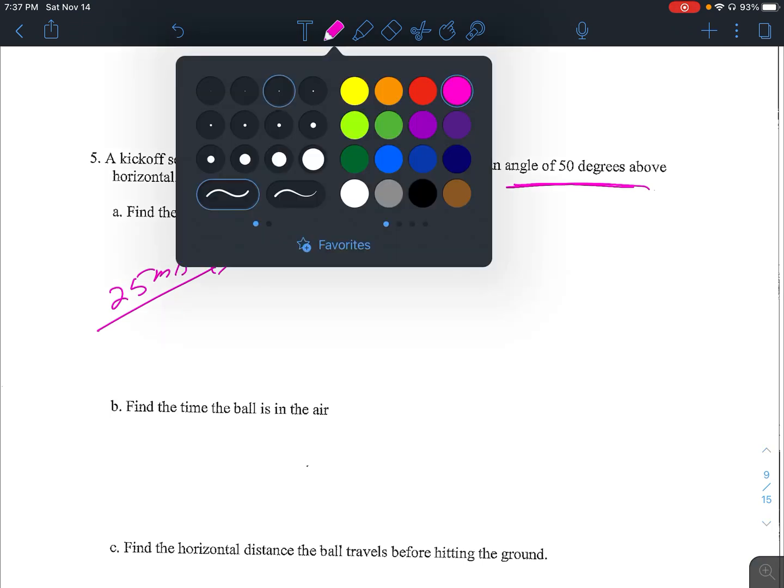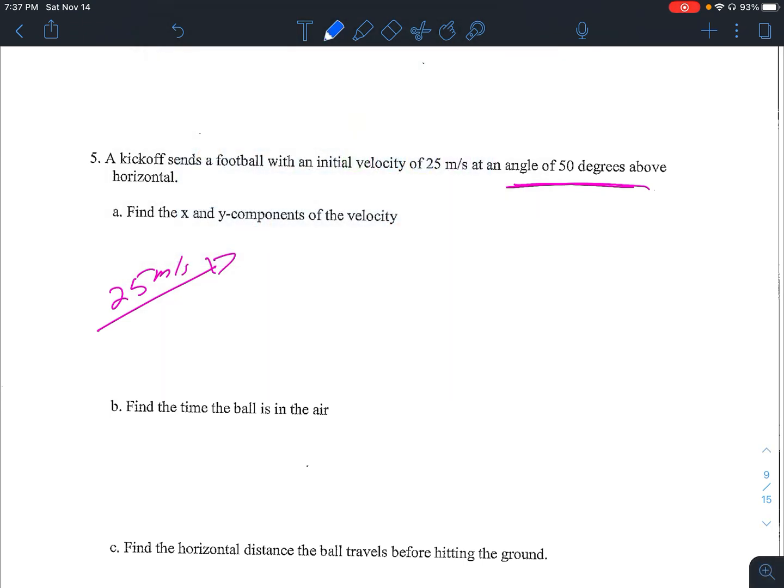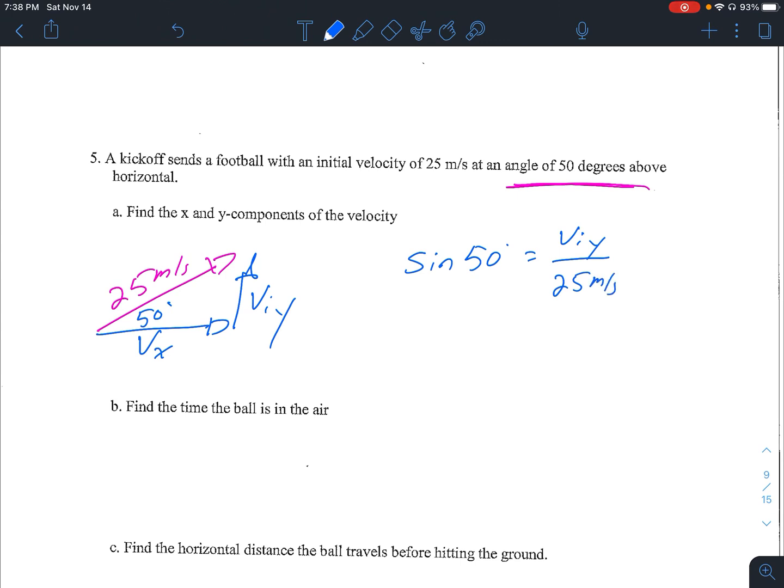velocity vector, where we're going to break it up into its components, just like the second part of our lab, where this is going to be our Vx, and this is our Viy. We do know the angle. So I'm going to go sine of 50 degrees is going to be my Viy over my hypotenuse, making sure I'm in degree mode.